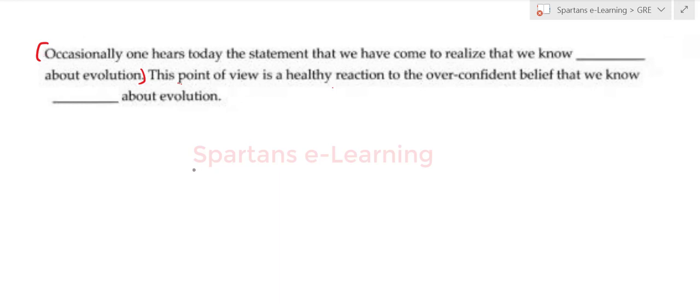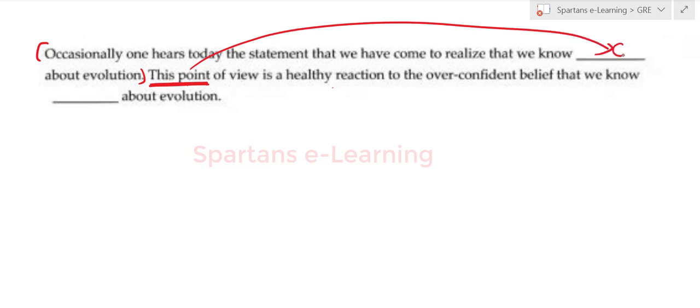We are still clueless. So I cannot take this whole sentence as a keyword. Now if you follow the next sentence, it says this point of view. What is this? Here is the keyword. This point is actually referring to this one. Okay, so answer for blank one is actually lying in the keyword this point. So this keyword refers to this answer.